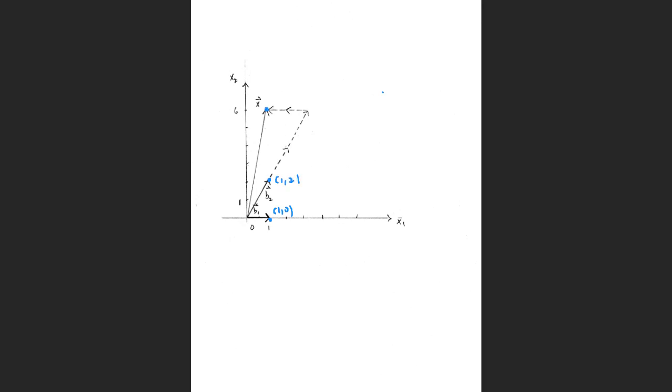Here's the vector X with coordinate 1, 6. So we learned that the coordinate vector of X relative to basis script B is equal to -2, 3, right?